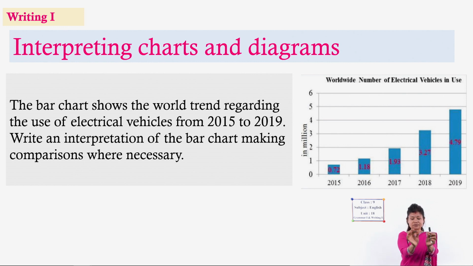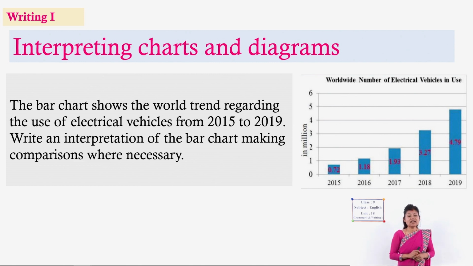So, it is already given what the graph is about. It shows the world trend regarding the use of electrical vehicles. What is the condition of using electrical vehicles in the world, from 2015 to 19? It is already written here.